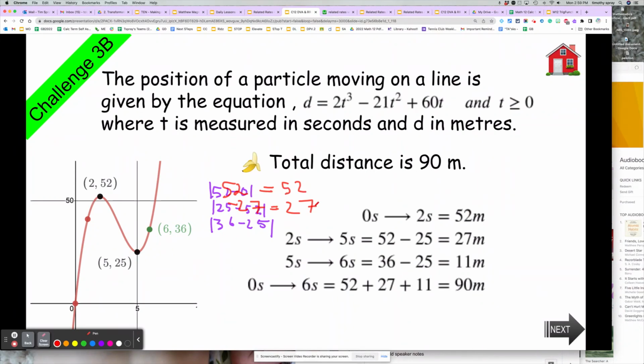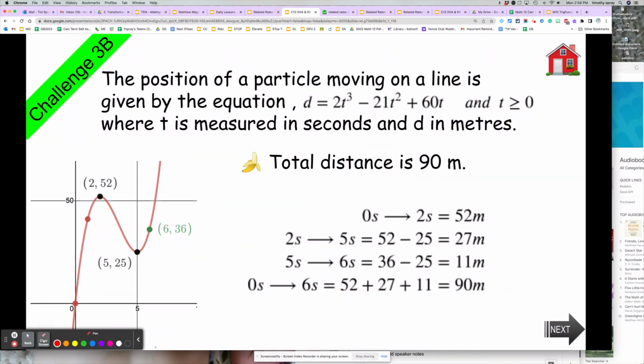Positive or negative doesn't matter. The negative here means that it's moving in a descending direction, moving back closer toward the start, but it's still moving the distance. The energy is still being expended. And 36 minus 25, of course, is 11. And when you add all those up and take the absolute value, meaning how far away is that number from 0, we still get 90.